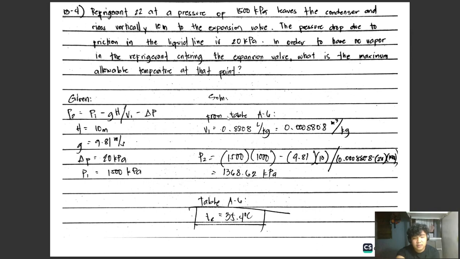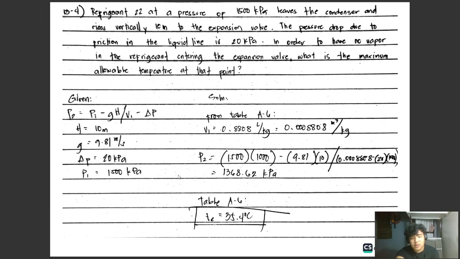For the solution, referring to table A-6, we have v1 that is equal to 0.8808 liter per kilogram. Converting it to cubic meter, we have 0.0008808 cubic meter per kilogram. After getting all of these, we substitute the given values into the equation.